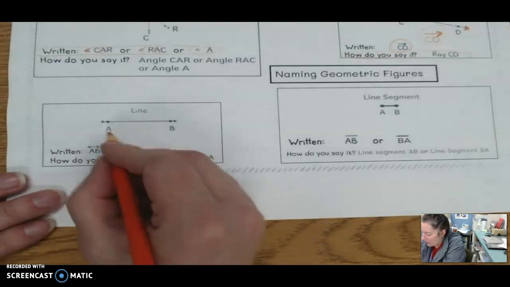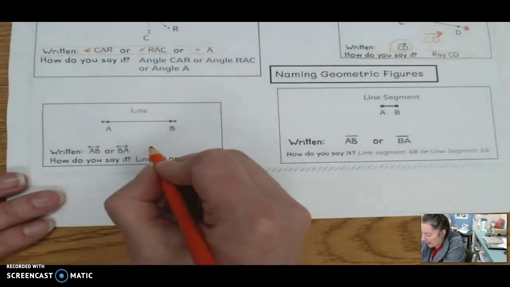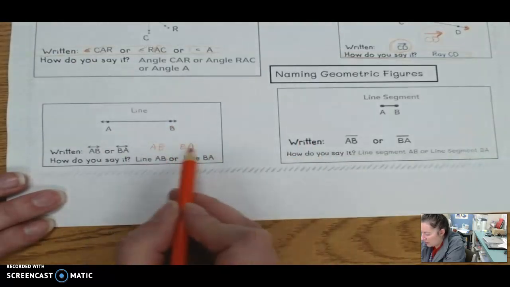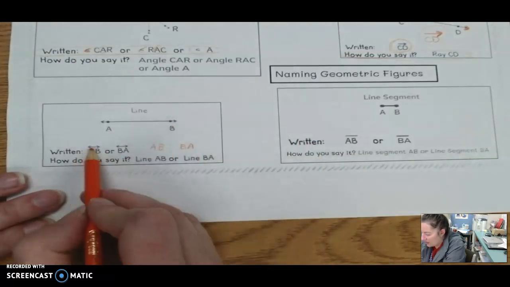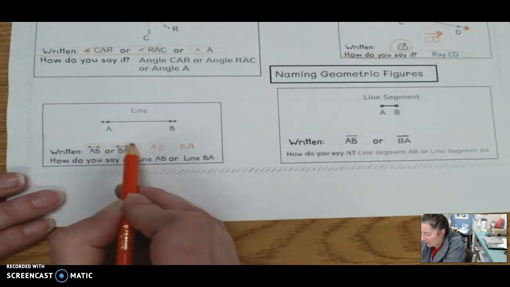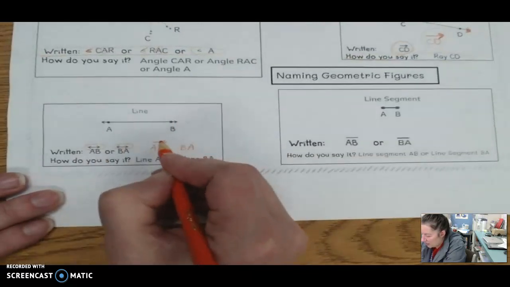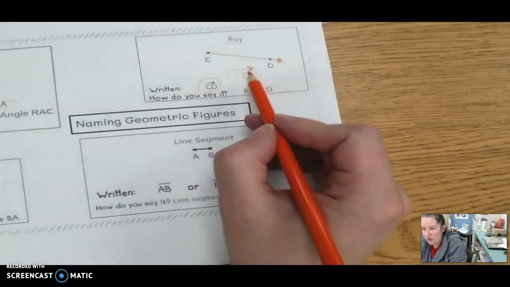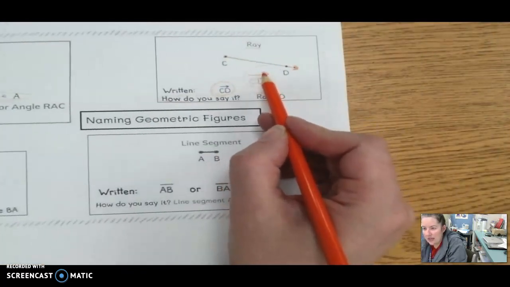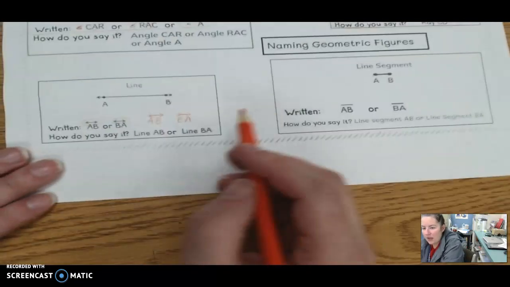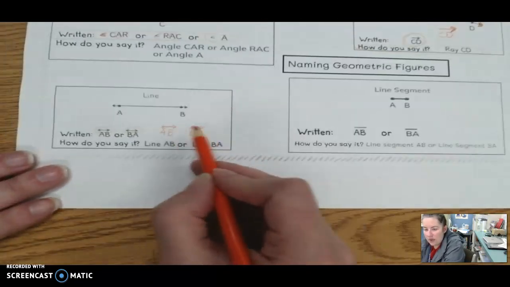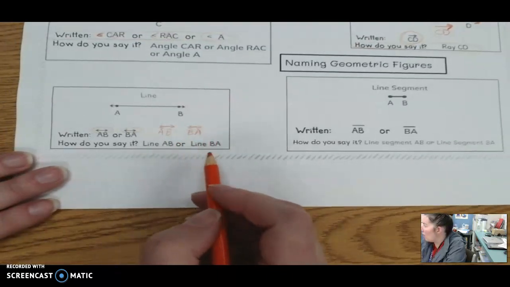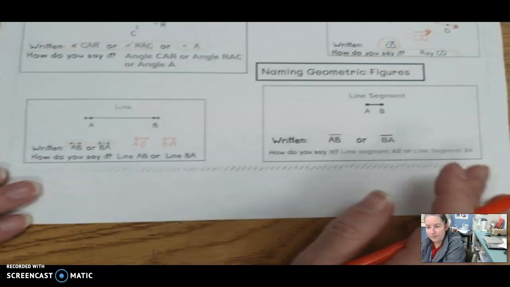To write it, you would write the letters AB or BA, but the letters are not enough. You have to put the symbol right on top of it. So this is a line, so we put arrows on both sides. See how that's different than a ray? The ray symbol has an arrow on one side, and the line symbol has arrows on both sides. So this is pronounced line AB or line BA.